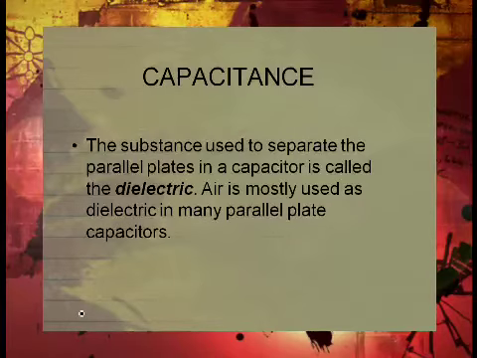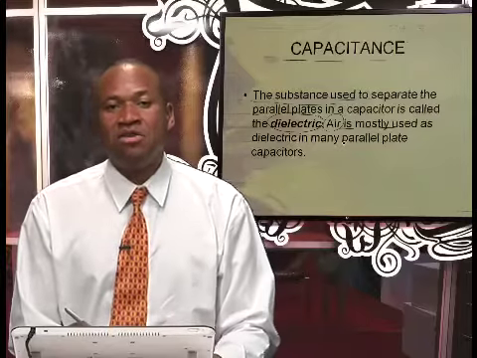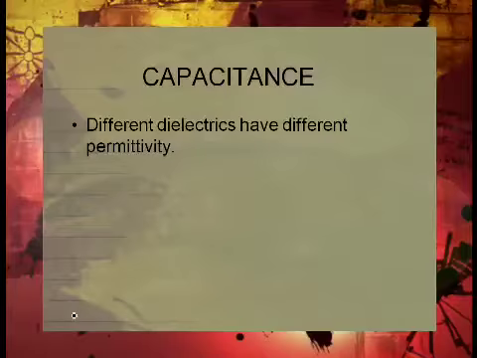Now, when talking about capacitance and capacitors, when we get into the inside of the capacitor, we find that there's a substance that is used to separate the parallel plates inside that capacitor. We call that substance a dielectric. That substance could be air, and air is mostly used as a dielectric in many parallel plates. It could be air, it could be any other substance that is not conductive to electric current. And we're going to see some of them as we move on.